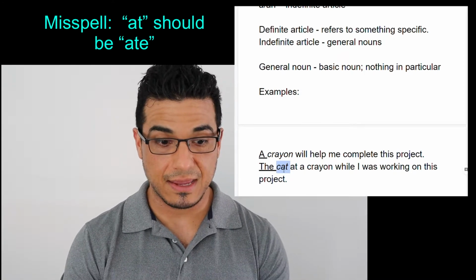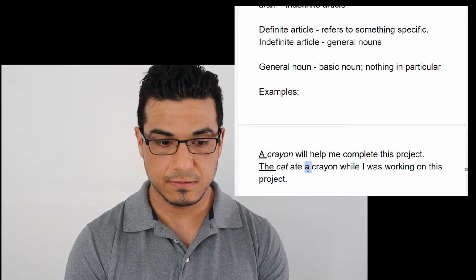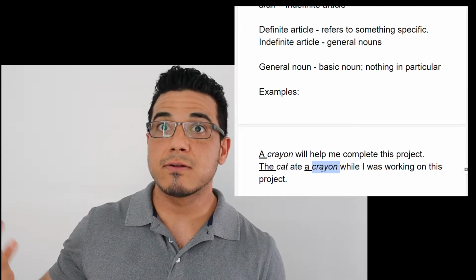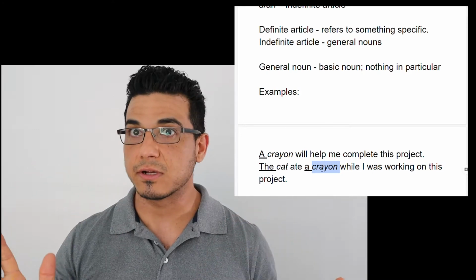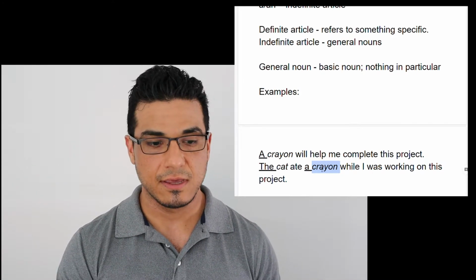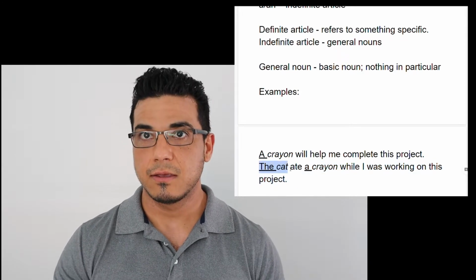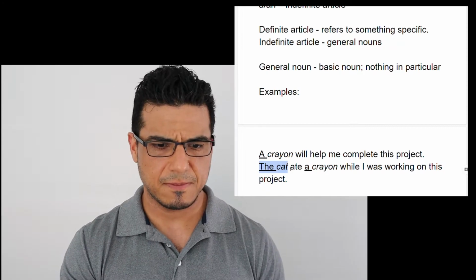So the cat ate a crayon, right? I didn't say it was the green crayon, the red crayon, or the yellow crayon, or any particular crayon. It's just a general crayon, a general noun in this case. Whereas here, which I'm highlighting, the cat is commenting on a specific cat.